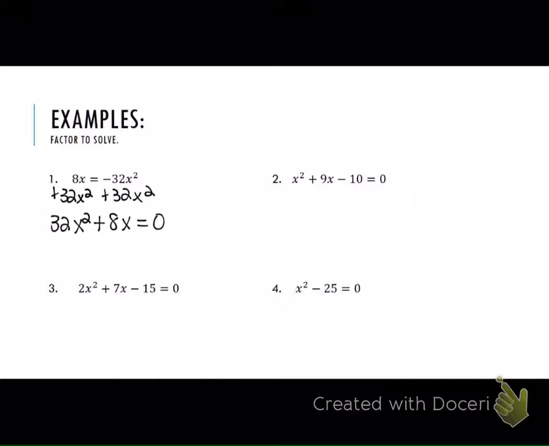Not yet. What do you look for first? What's the first step always? GCF. What is our GCF? Hey, he had the right letters. It doesn't matter. What do we divide both sides by?